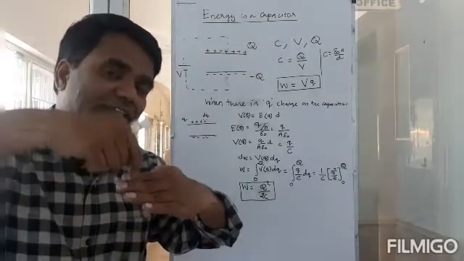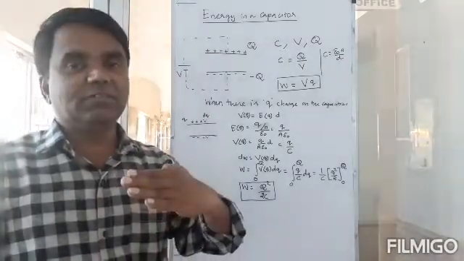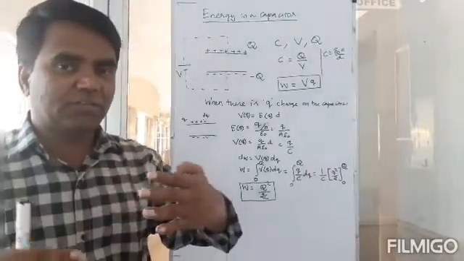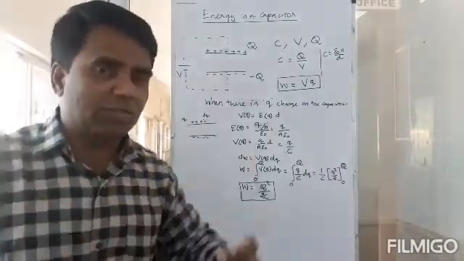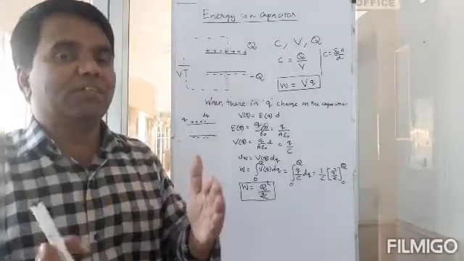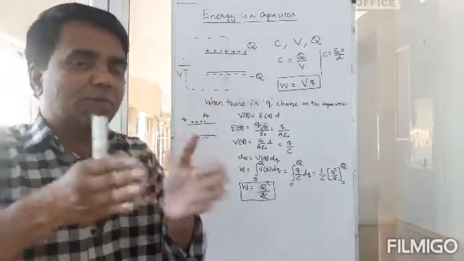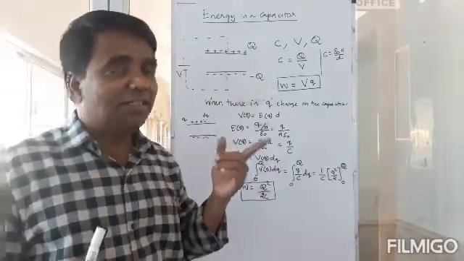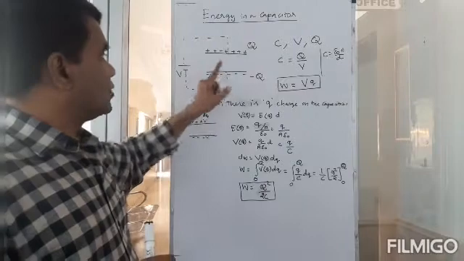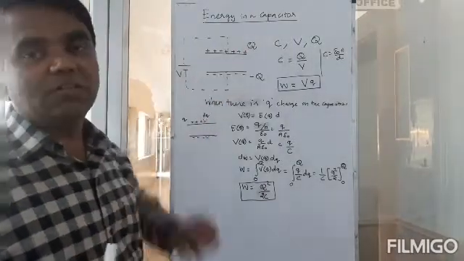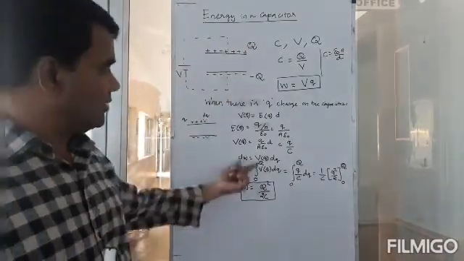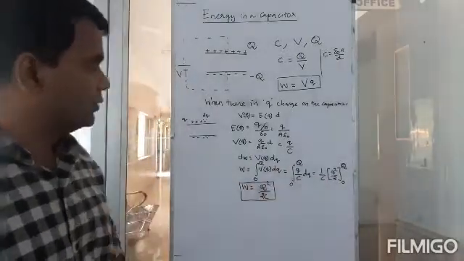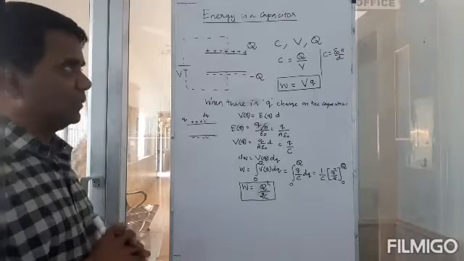You are bringing it in the presence of that field. Now when you bring the third charge, then more work will have to be done. Fourth charge, even more work will have to be done. So you will keep doing it, and then you will sum up all the work you have done, till the charge goes from 0 to capital Q. So that is given by this integral. So when you do that, you get W is equal to Q squared by 2C.